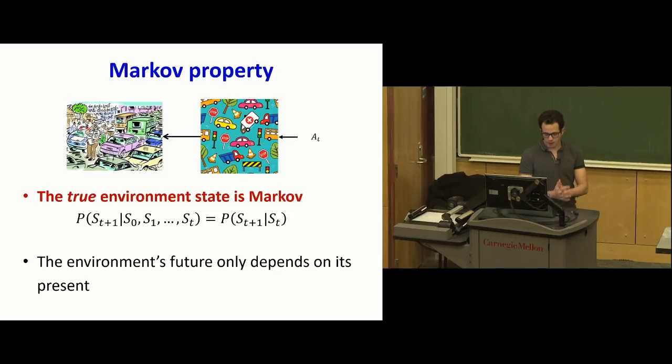So the Markov property is true for the supposedly ground truth of the environment that we assume exists somewhere.